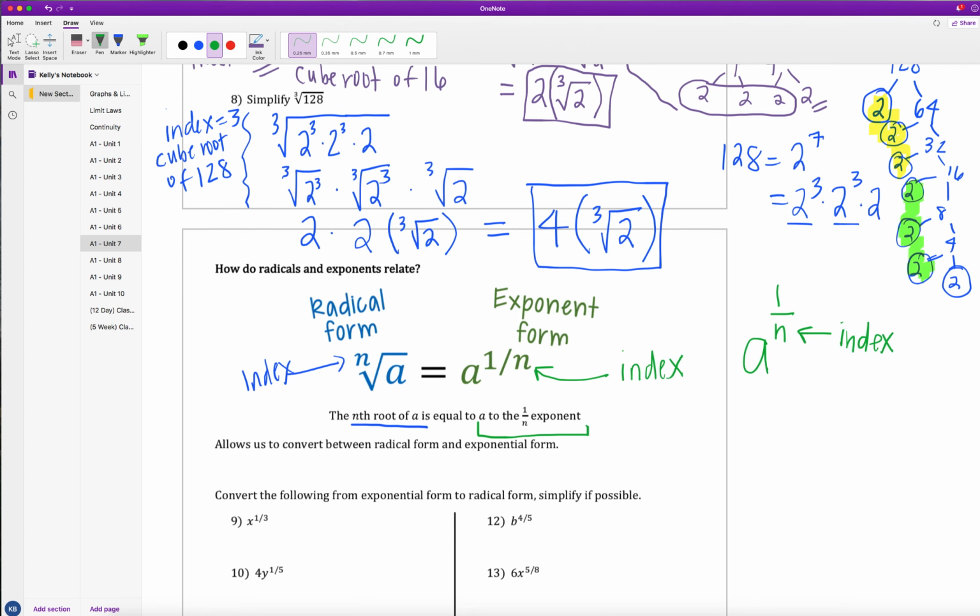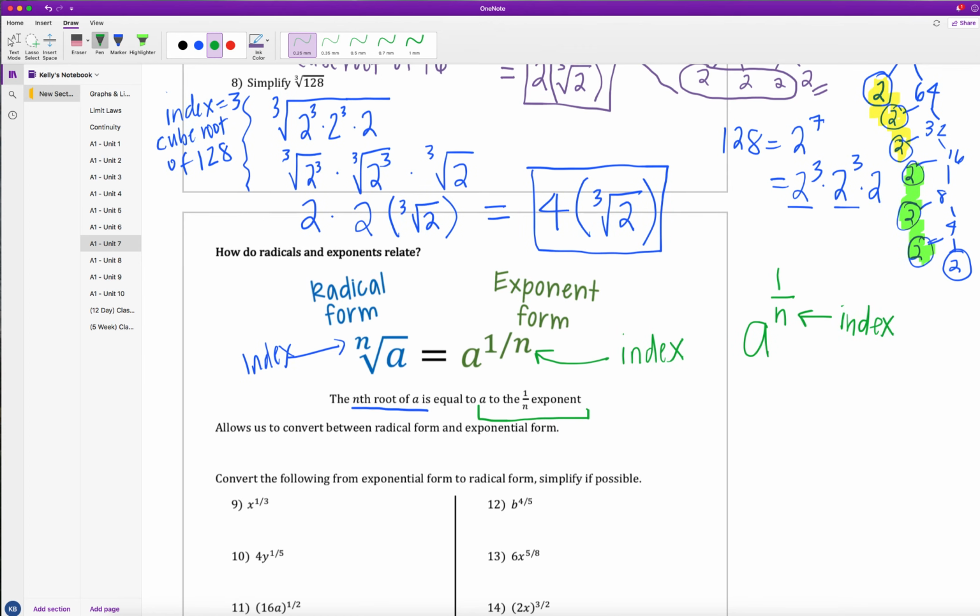So that's really handy for us to be able to go back and forth between these two, which is actually another way to prove what statement we had earlier. So if I go back to the problem that said the square root of 36, remember we rewrote 36 as 6 to the 2nd, then we still had the square root, but from here, if this is a square root, it means my index is equal to 2.